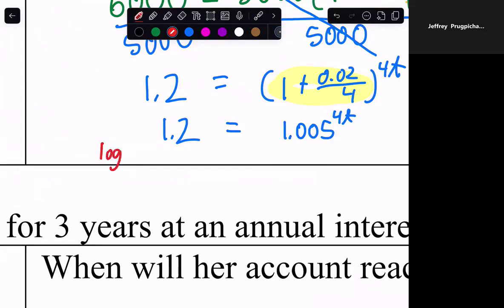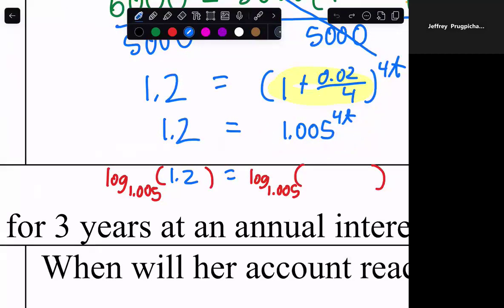So log base 1.005 of the previous left side equals log base 1.005 of the previous right side. Again, you're allowed to do any operation as long as you do it to both sides of the equation.